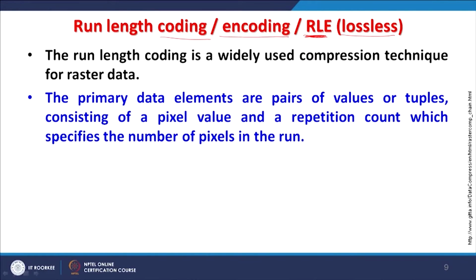So, it does not matter, and then the primary data elements are pairs of values or tuples consisting of a pixel value and a repetition count which specify the number of pixels in the run, because here we are running along the boundary, that is why it is called run length, and counting the length along the boundary.